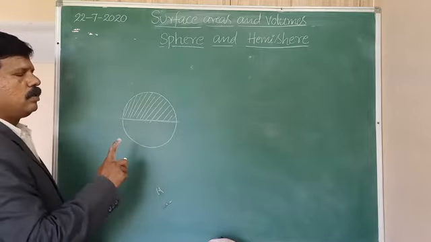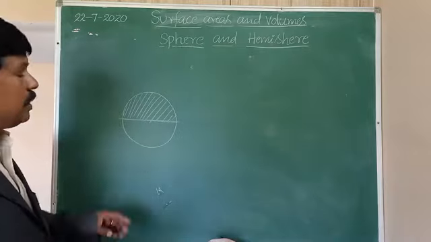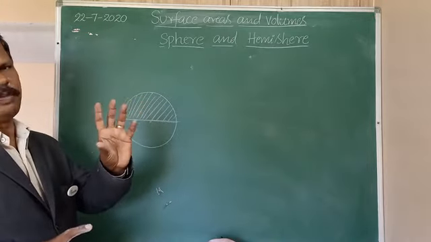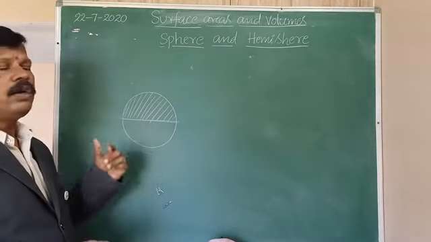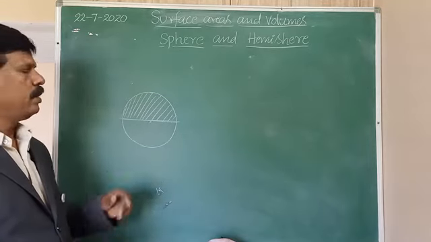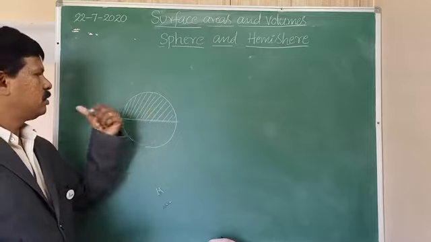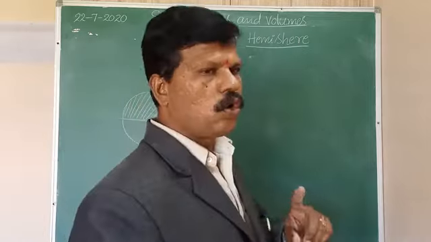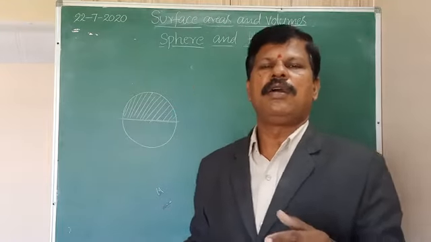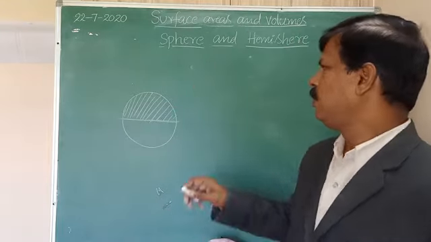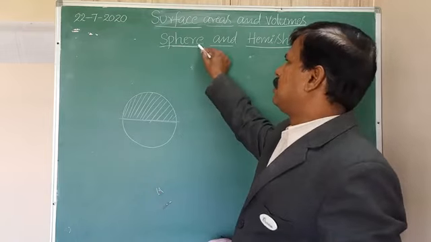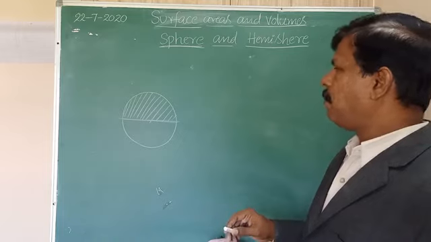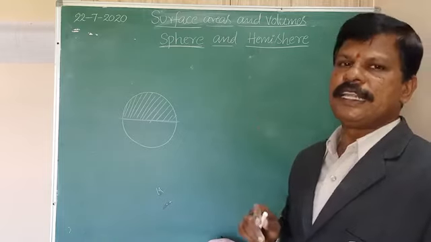When you do that, you will get a sphere shape. That means imagine that you will get a globe shape structure. That is a sphere. Okay, a semicircle rotated on its diameter, we will get a sphere. A sphere. Clear?